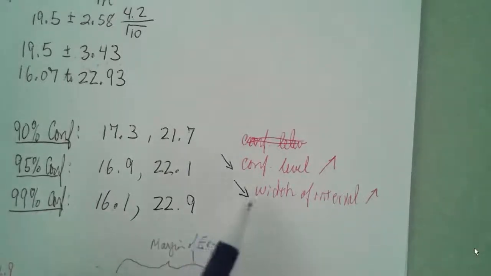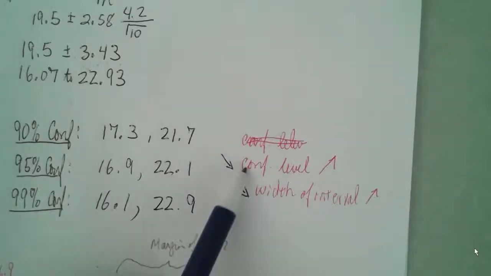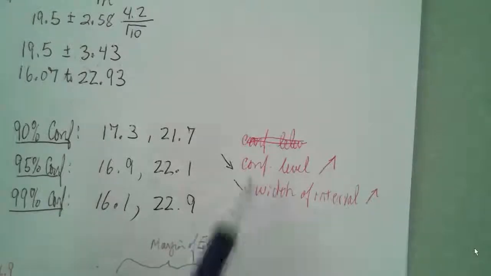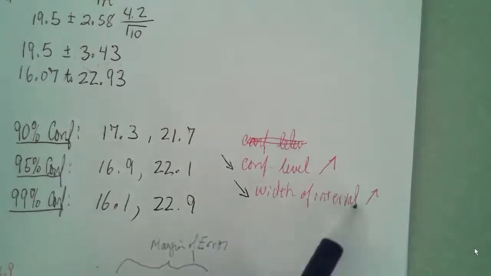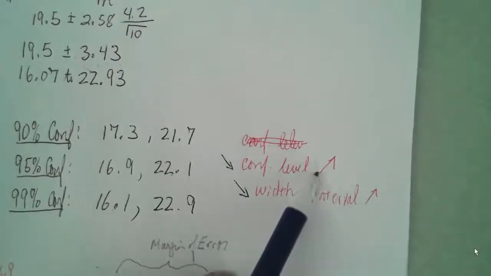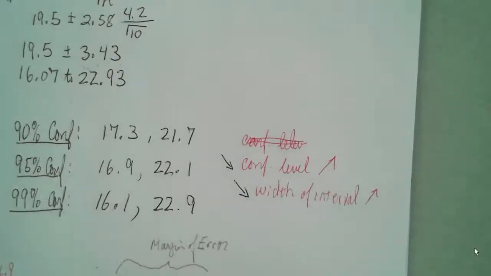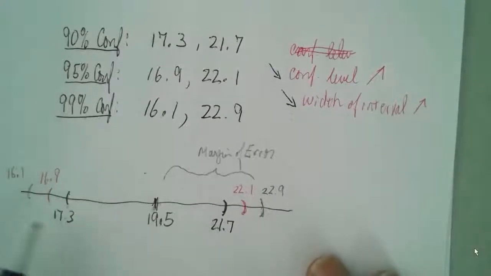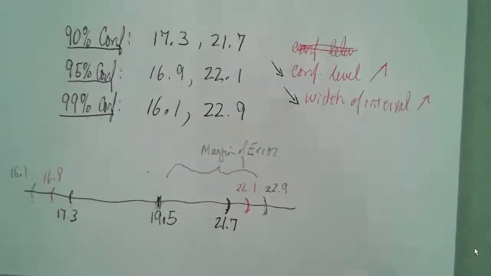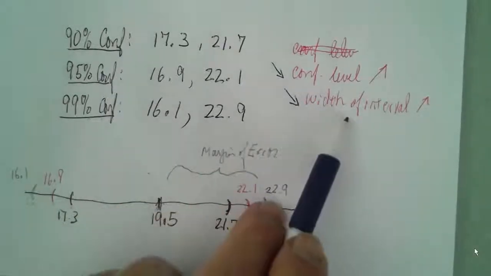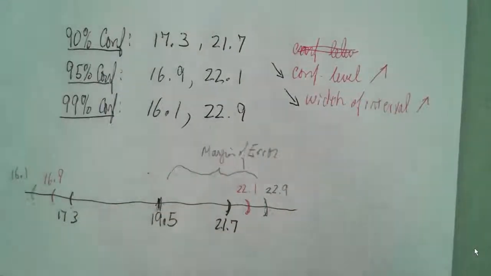And so what we're saying is that if you don't want a lot of confidence, then you could have really high precision, which is to say you'd have a really narrow interval. On the other hand, if you want a lot of confidence that you've trapped the true value in your range, well, then you'd probably want a bigger interval, right? So confidence level and the width of the interval always do the same things. They both go up or they both go down.